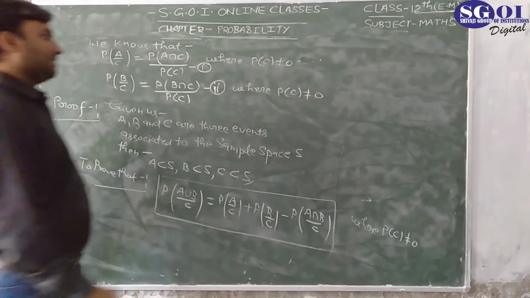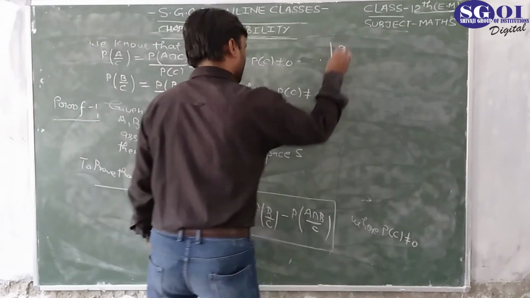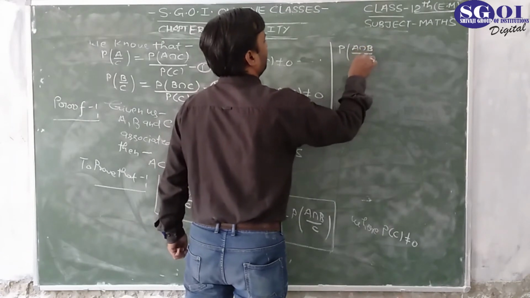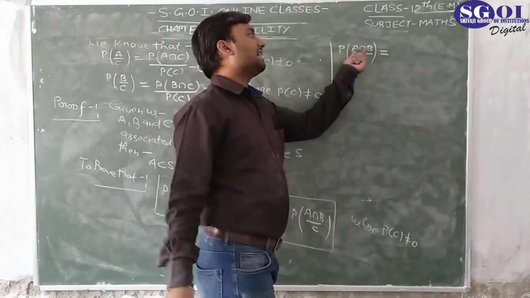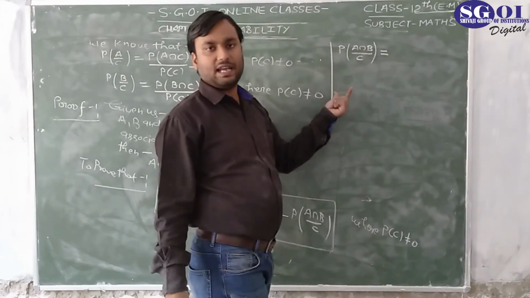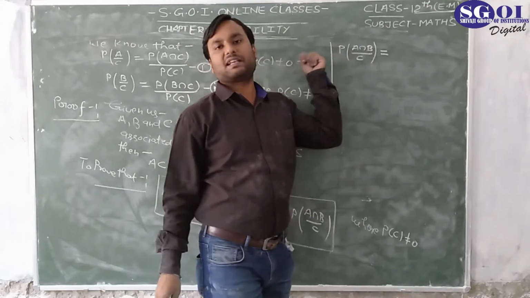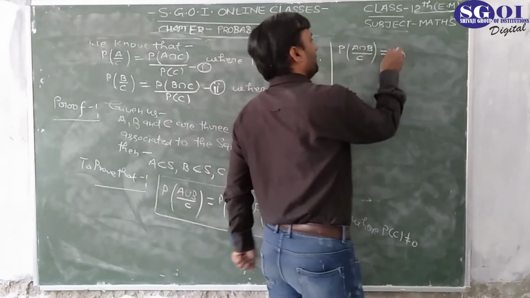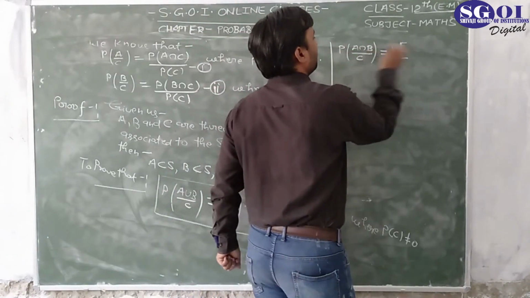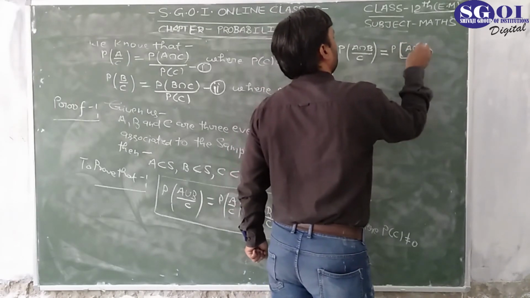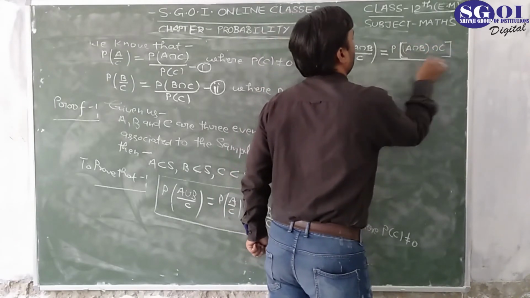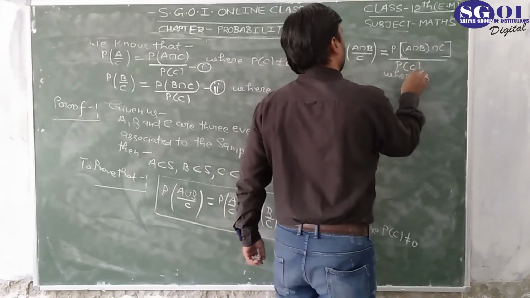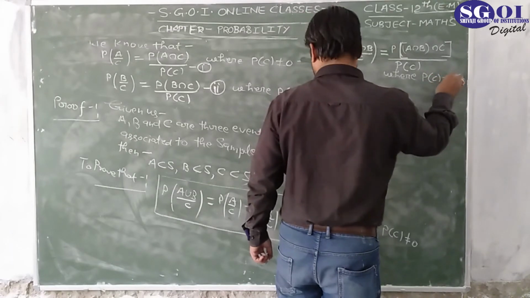The third probability is probability of A intersection B upon C. If I consider A intersection B as A, then this probability becomes probability A by C. That is, probability A intersection B intersection C upon probability of C, where probability of C is not equal to 0.